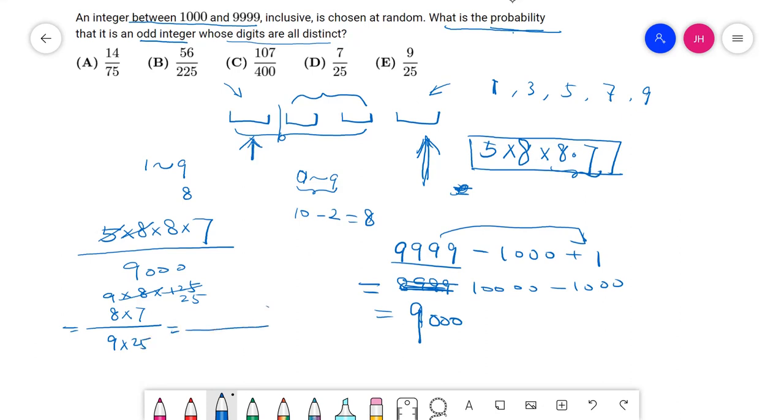So that's computed. So 8 times 7 is 56. And 9 times 25, that gives 9 times 5, that's 45. And carry a 4. 9 times 2, that's 18, plus 4, that's 22. So the end result should be 56 over 225. 56 over 225. So B is our choice.